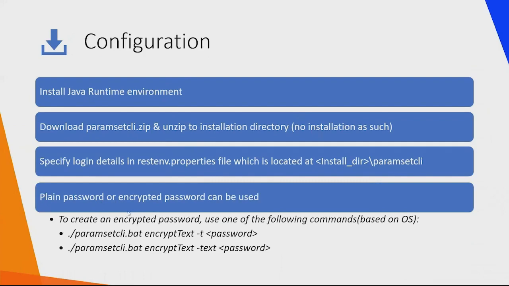So if you want to send an encrypted password, below is the command to encrypt it. Obviously, this is for the Windows OS, but similarly we have a .sh script if you want to use it on Linux or Unix.